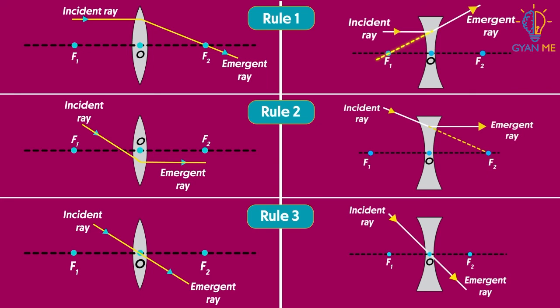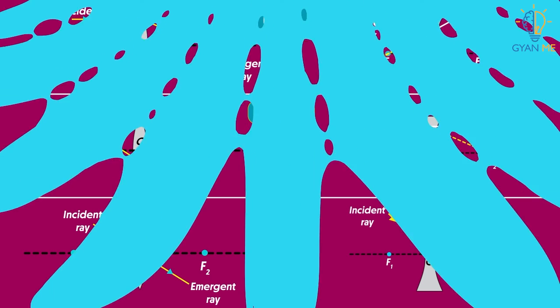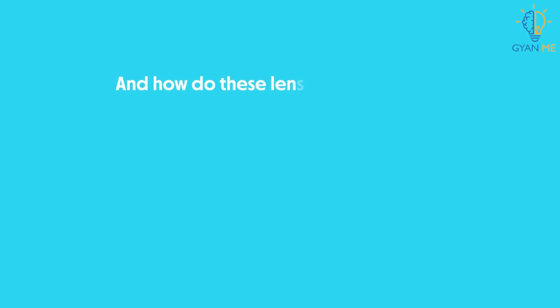Rule 2 says that if the light is passing from the focus point or appears to pass from the focus point, after refraction it emerges parallel to the principal axis. And Rule 3 says that a ray of light passing through the optical center of the lens will emerge without any deviation. And how do these lenses form an image? We will see it in our next video.